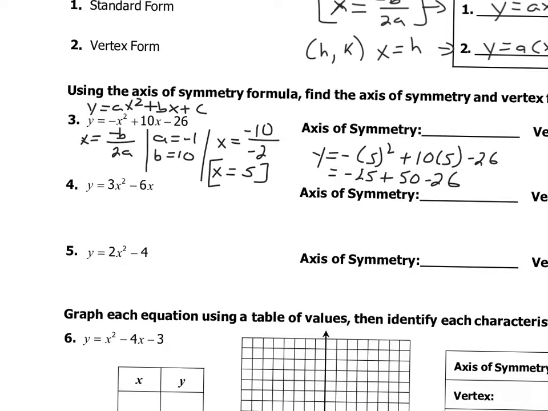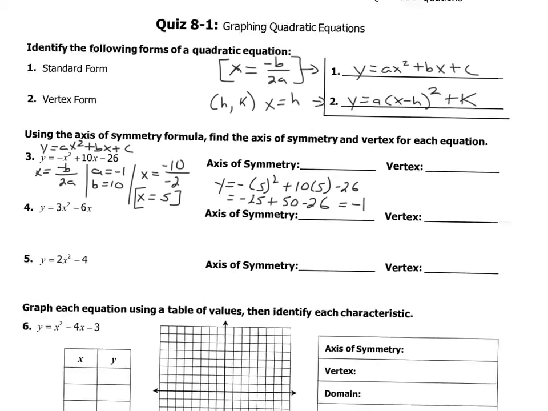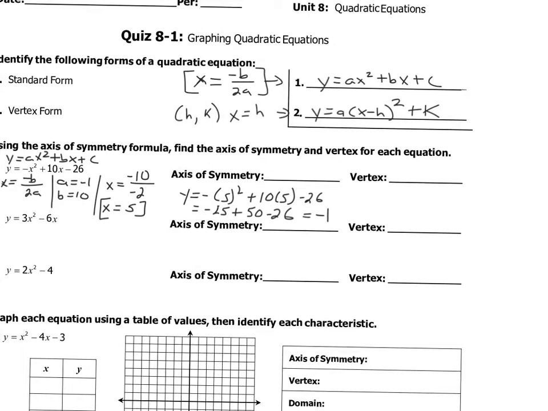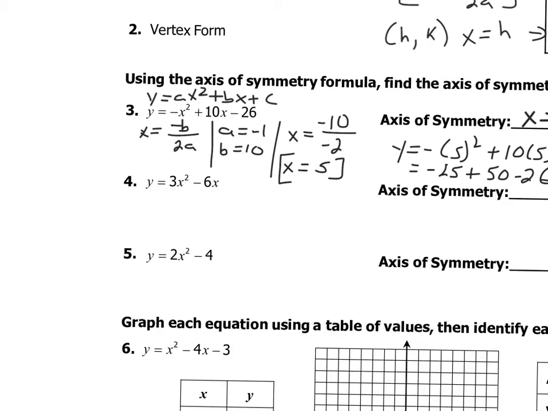Well, negative 25 plus 50 would be positive 25, and positive 25 minus 26 would be negative 1. So, what's your axis of symmetry? Your axis of symmetry is x equals 5. What's your vertex? Your vertex is going to be 5, comma, negative 1. That is it.